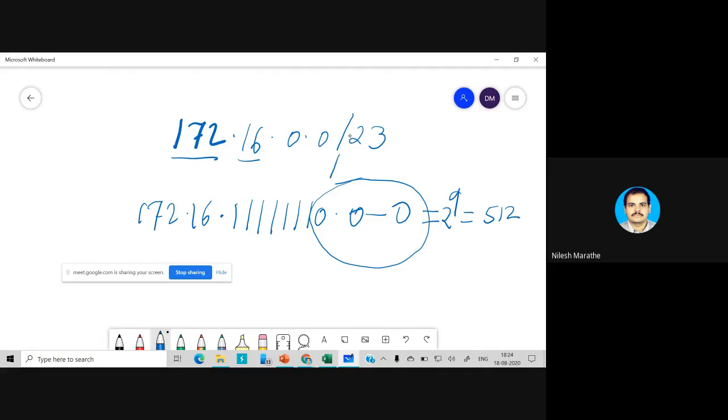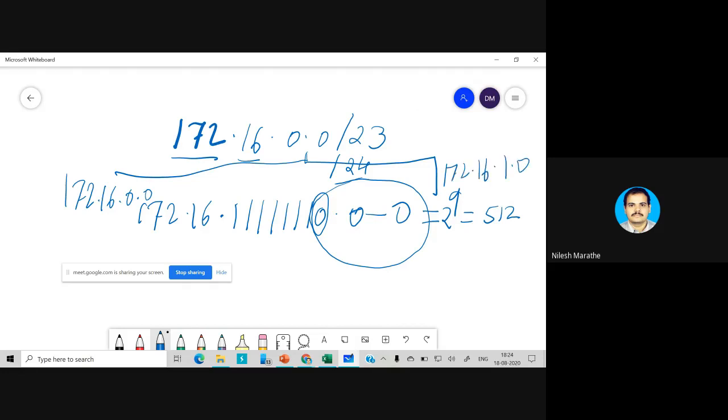So I have to go for 24 here. This bit will be a network portion which splits this into two parts: one 172.16.0.0, another 172.16.1.0. It will be divided into two.